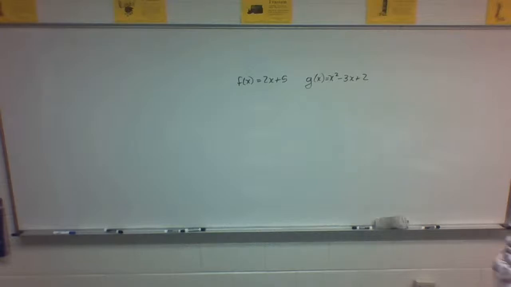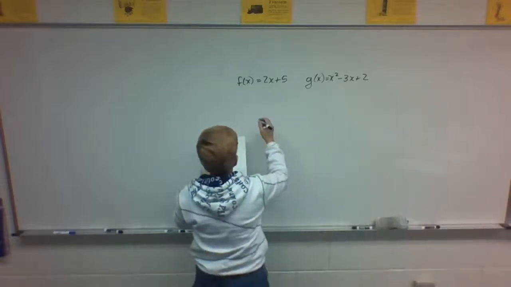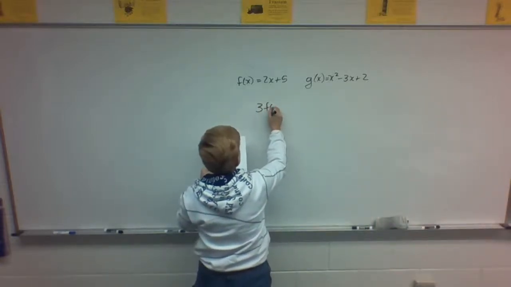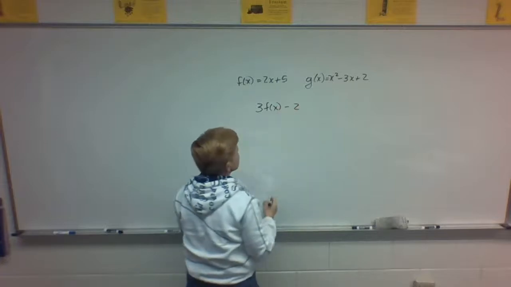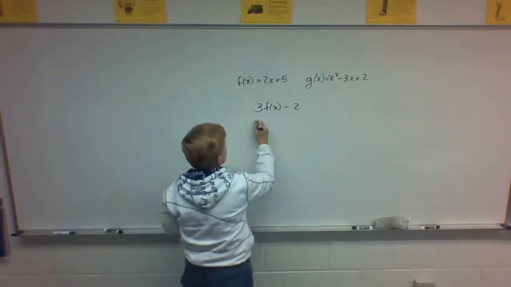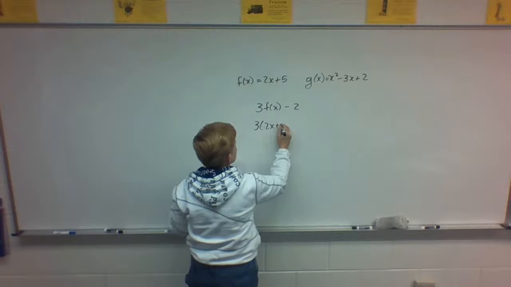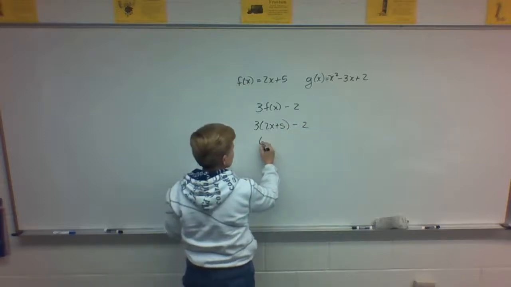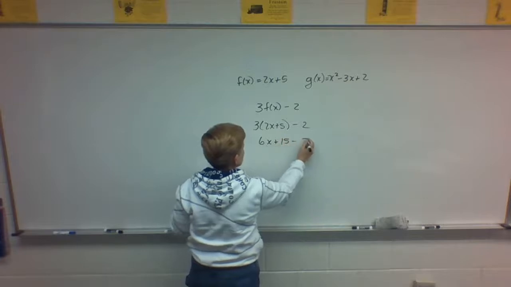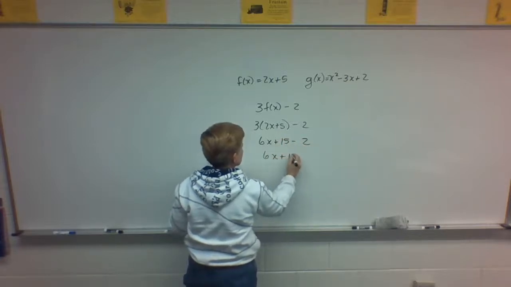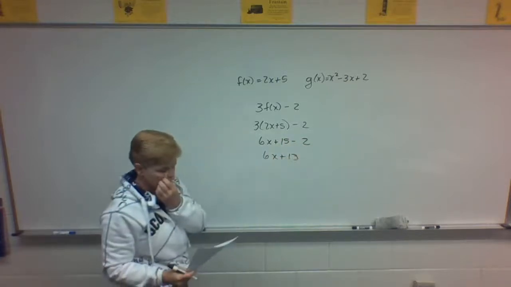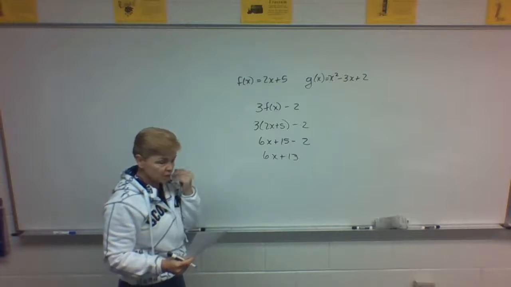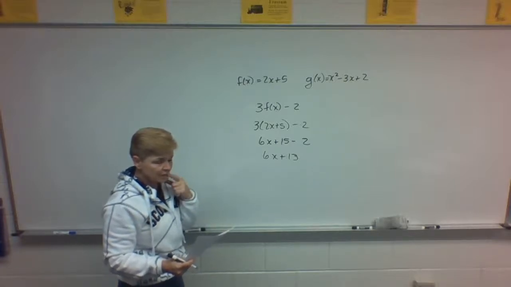Well, I'll just go ahead and do it. 46 says you're supposed to do 3f of x minus 2. So you do 3 times 2x plus 5, and then subtract 2. That's all. Which would be 6x plus 15 minus 2, which is 6x plus 13. Easy peasy.